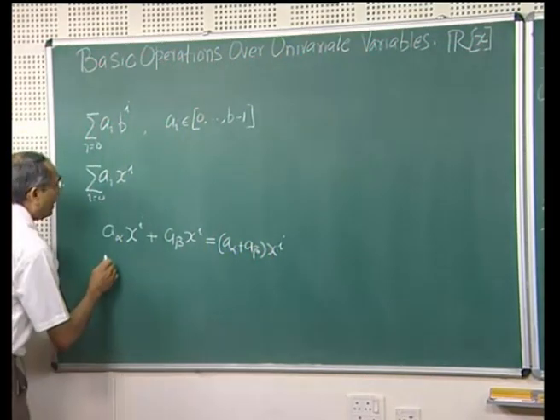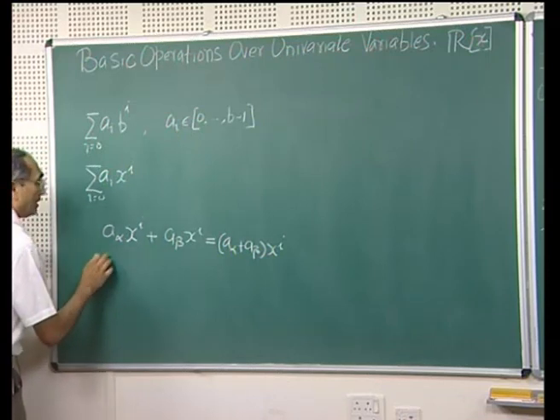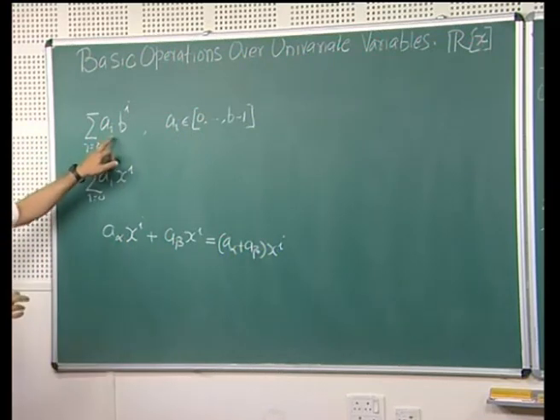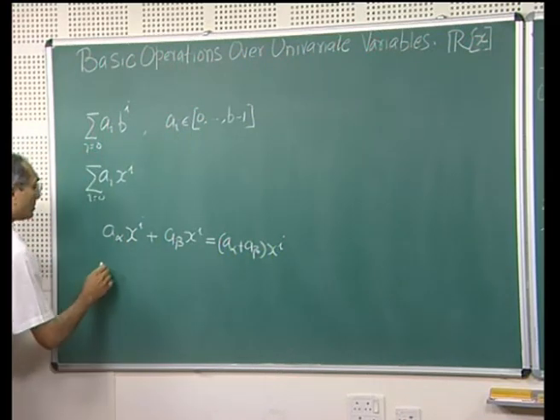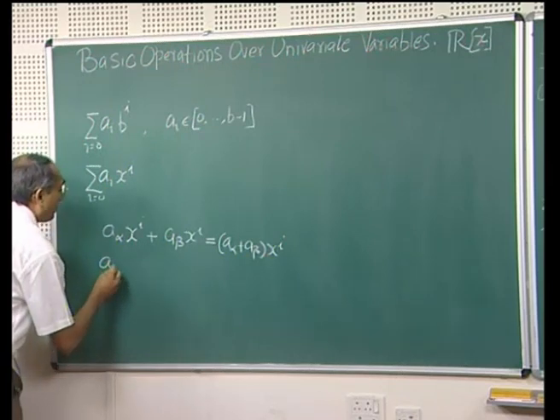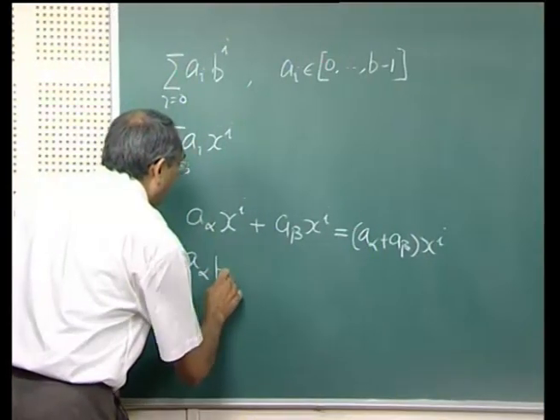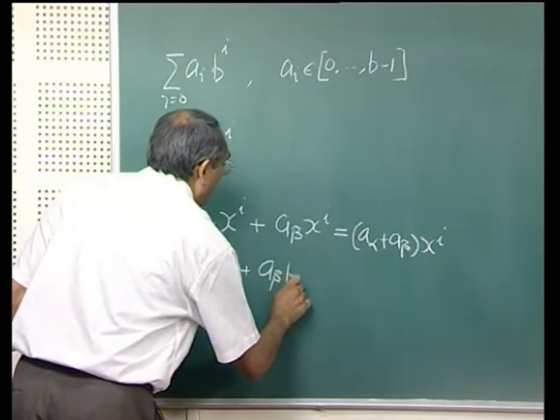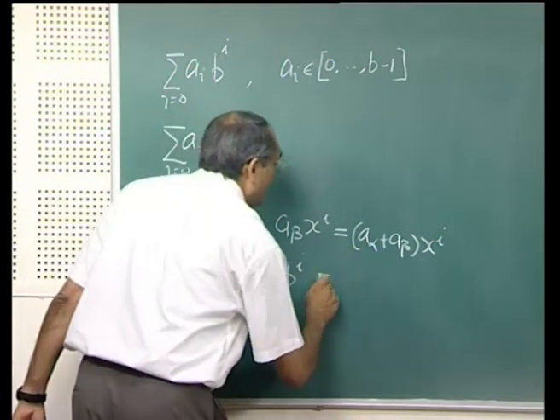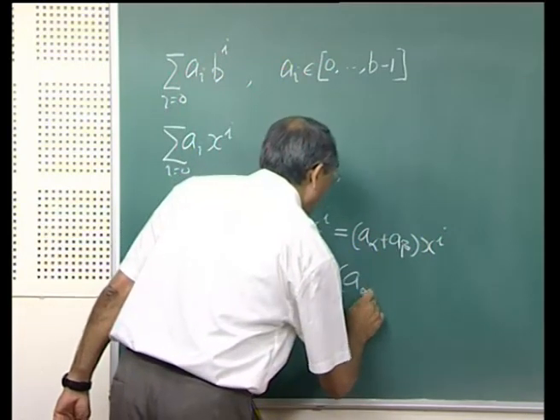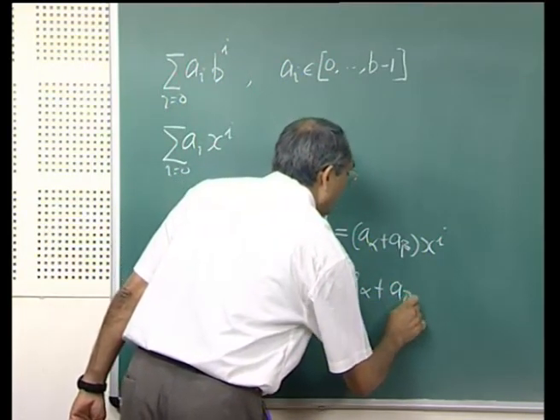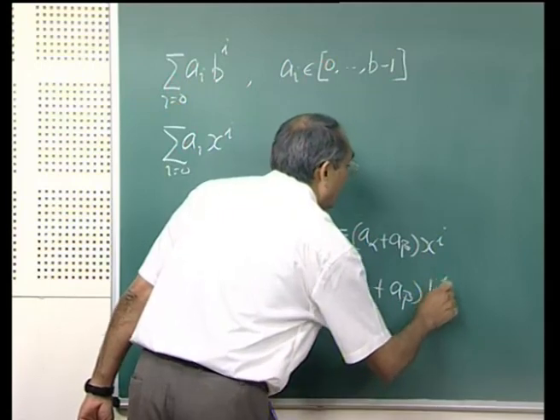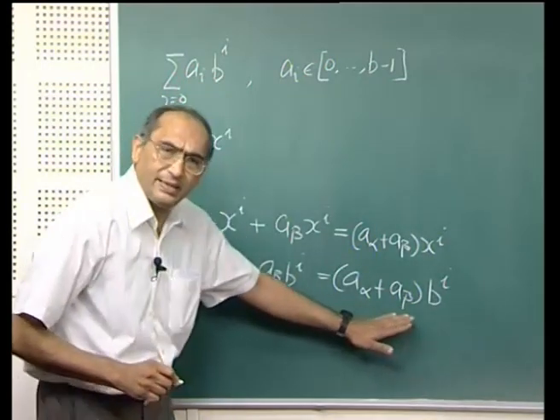On the other hand, if you have a term in the expansion of an integer, a_alpha b^i plus a_beta b^i, then this is (a_alpha plus a_beta) b^i. But this need not be a valid term.